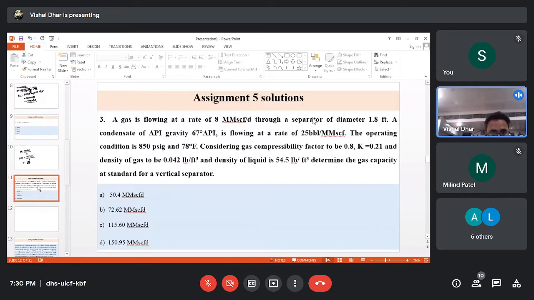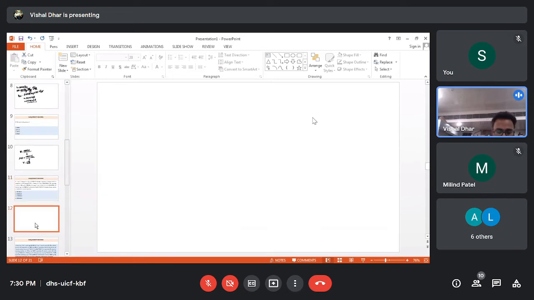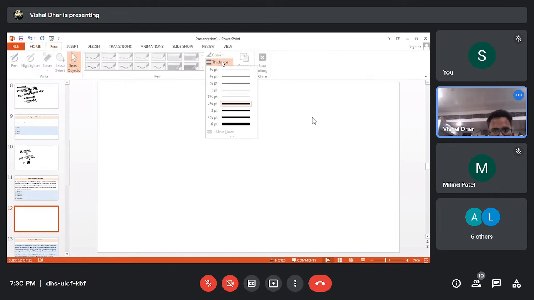So what is the question? What do we have to find? Gas capacity. So the formula for gas capacity is, I will write down the formula.